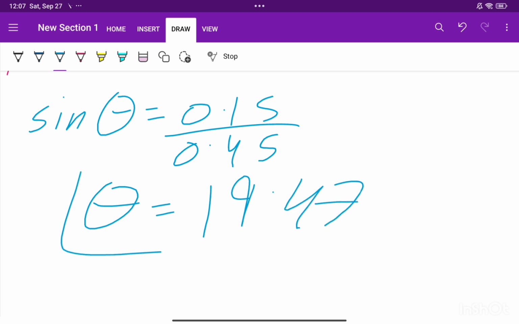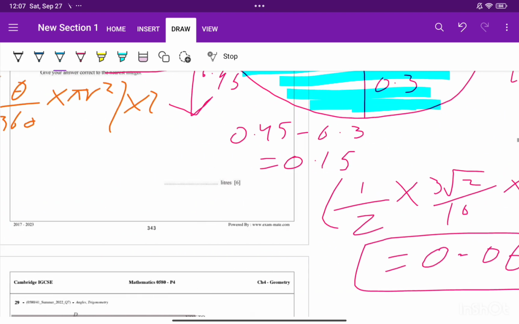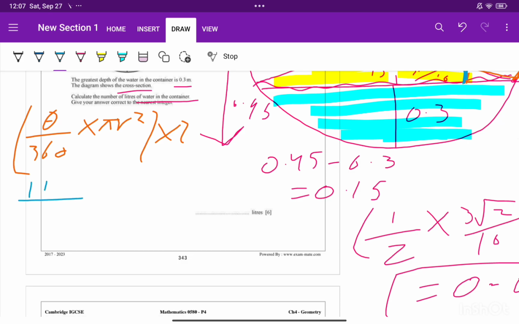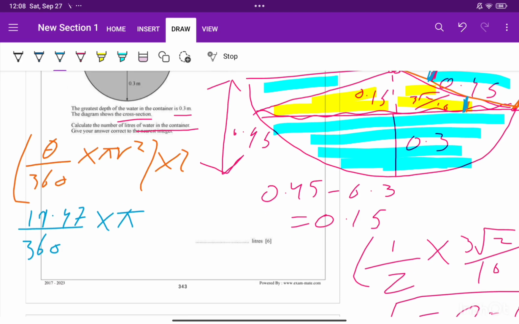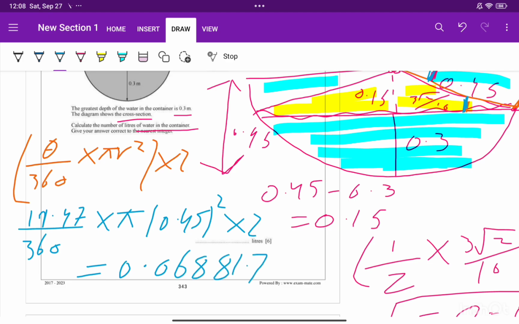19.47. So we can take 19.47 over here. 19.47 divided by 360 multiplied by pi, and the radius is 0.45, so 0.45 squared multiplied by 2. This will give us the answer 0.068817.